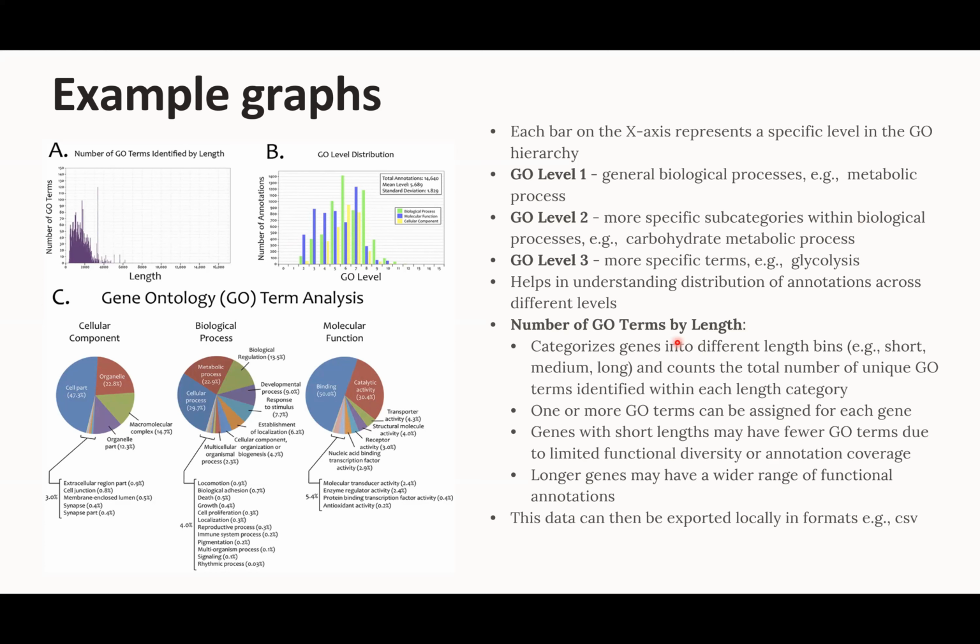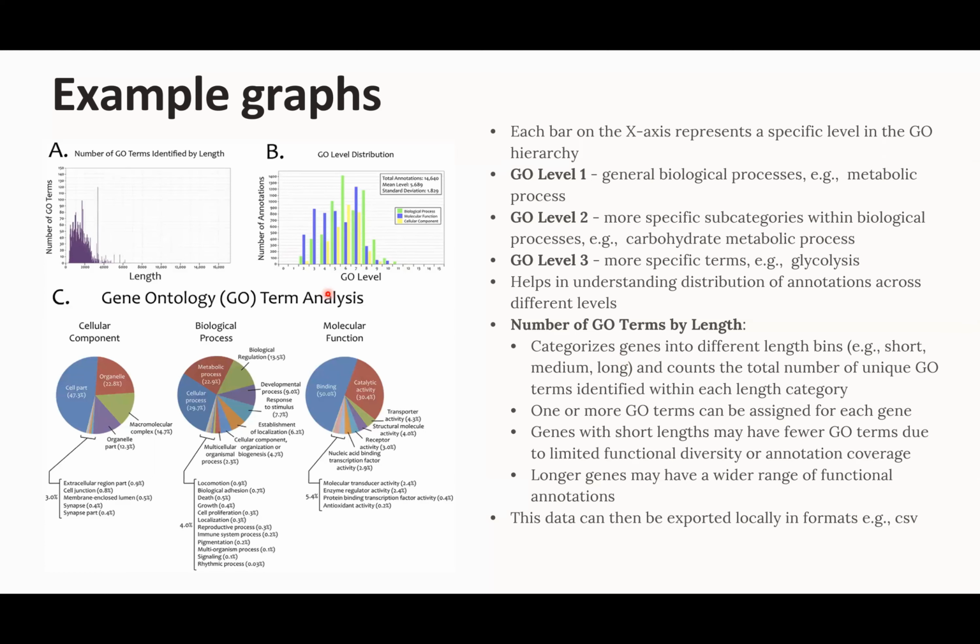Sorry, I don't think I've left anything. Yes, for the GO terms by length graph, which I discussed first, it's just the genes of different length bins and their count.